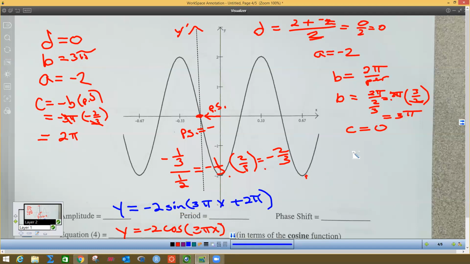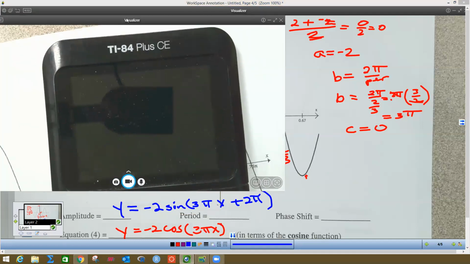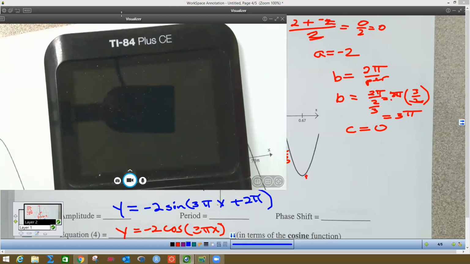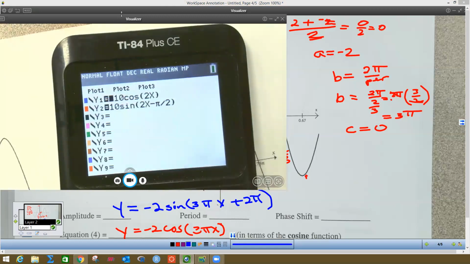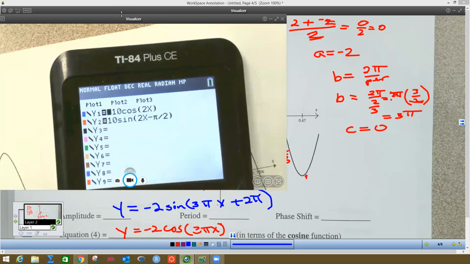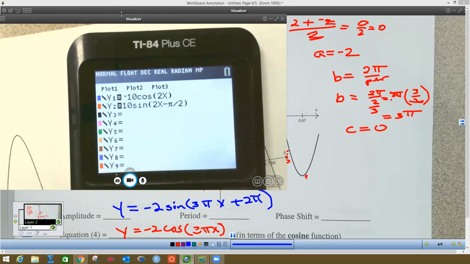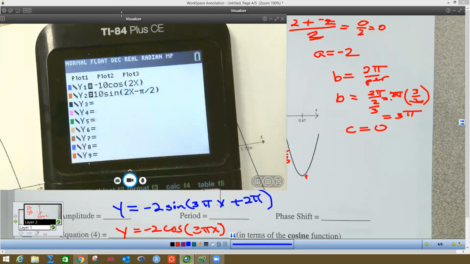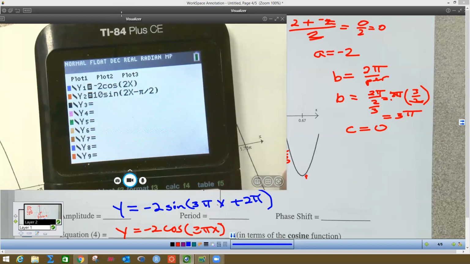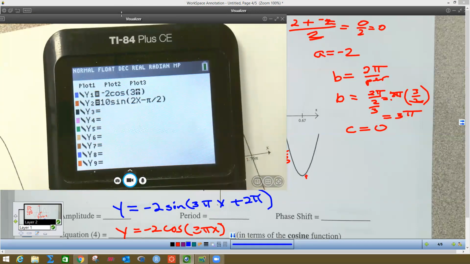Okay, let's check it out on our graph. See if we get it right. Okay, so we're going to go in here and let's see, y equals, I'm just going to type over what I got here. I need -2 cosine, and then I got to come in here and put in 3 pi x.